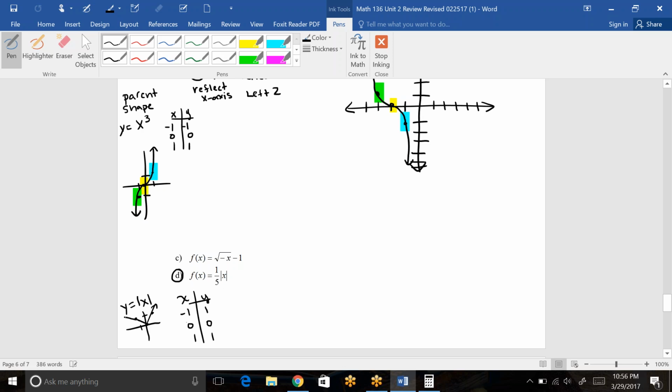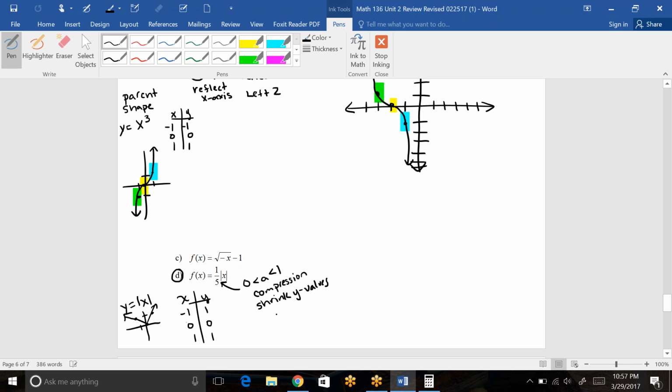So in this case, the only thing different about this function is it has this number in front of the absolute value of x. If you have a number between 0 and 1 in front of the whole parent, remember that is a compression. And when we compress, we shrink the y values.